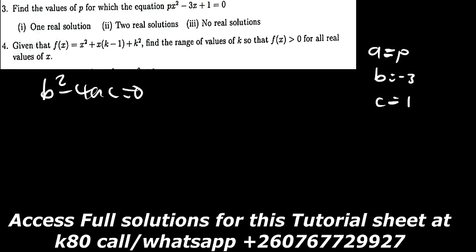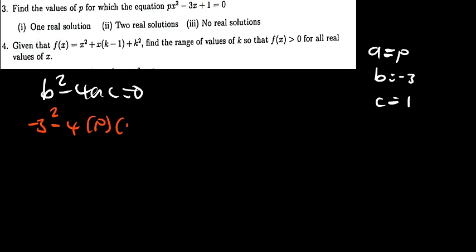Let's plug in the values. So b is negative 3, squared, minus 4, my a is p, then my c is 1. Negative 3 squared is 9, minus 4p is equal to 0.